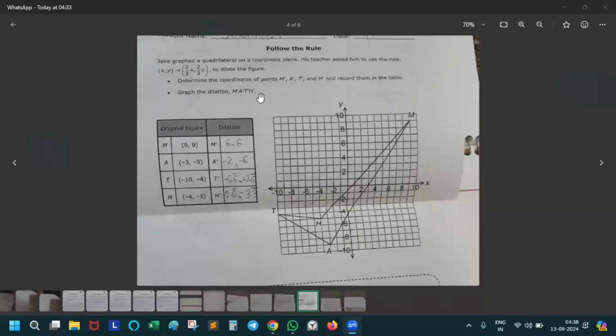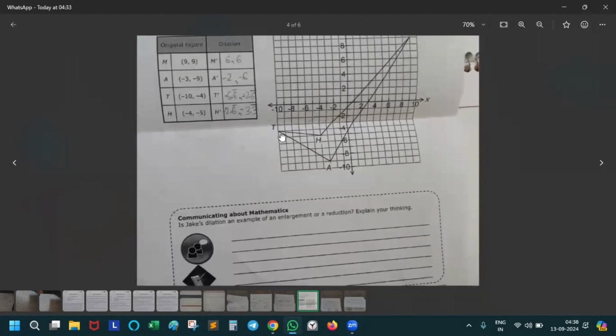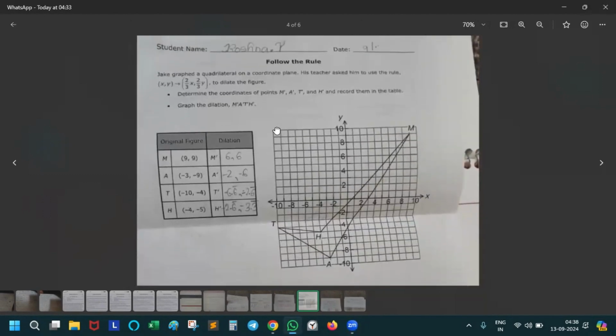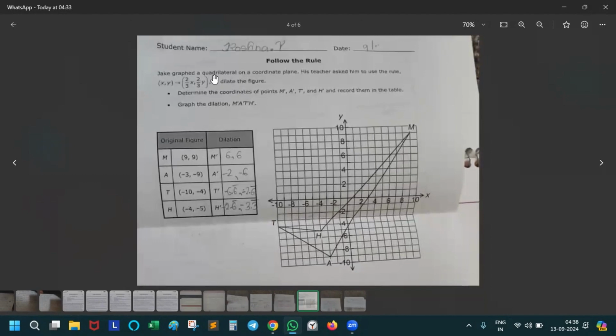Like pre-image and image. What do you mean by pre-image and image? Did you want to do this problem right now or not? Yeah. Okay. So I want you to read the instructions and then tell me what they are asking us to do.